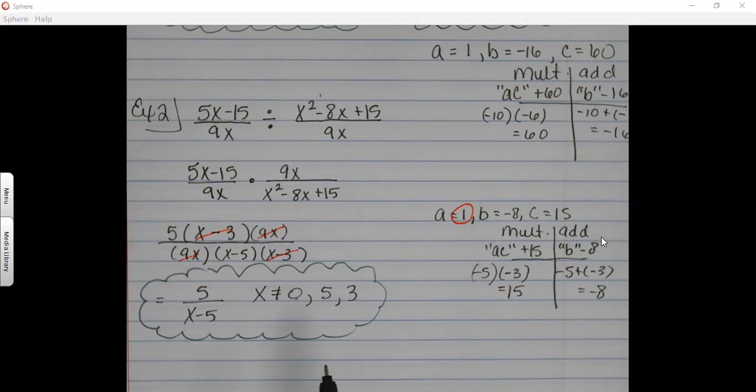Let's do 1 divided by a minus 8. So I already know I'm going to have a restriction of 8.